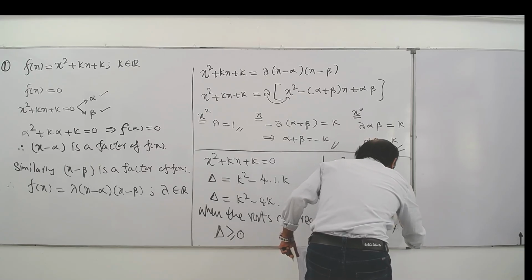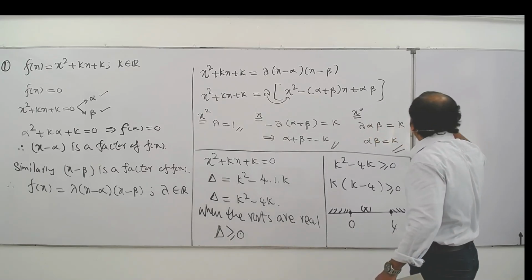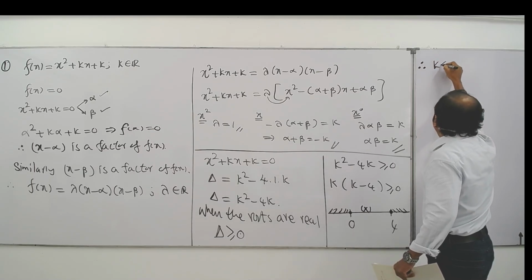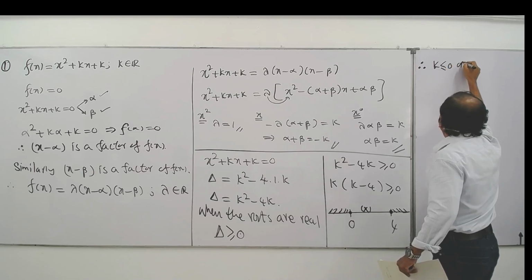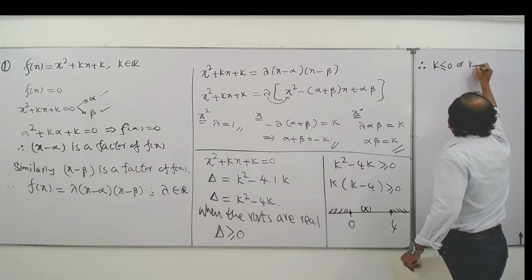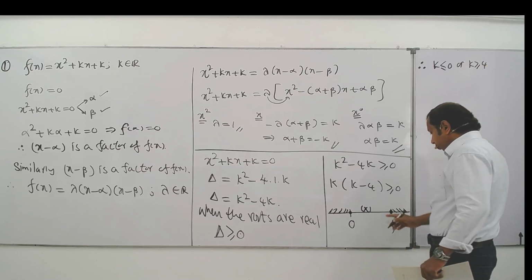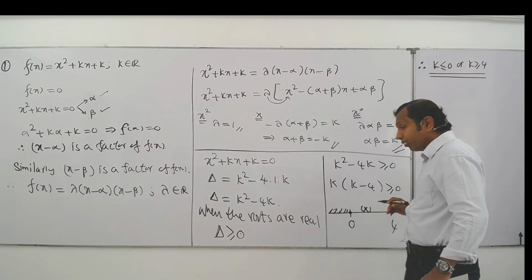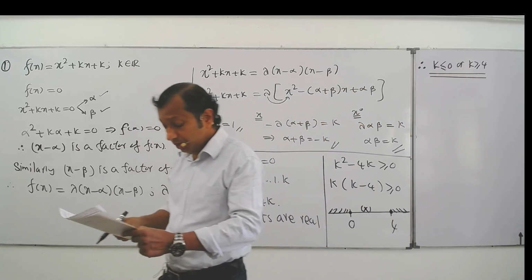So for k less than or equal to 0, or k greater than or equal to 4, this is the range. That's how we get that answer.